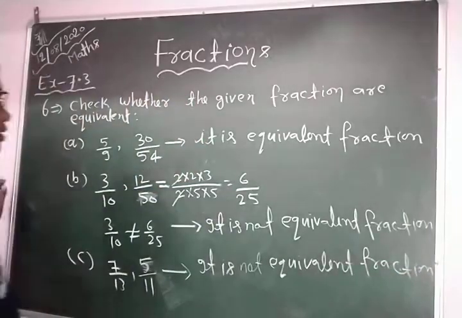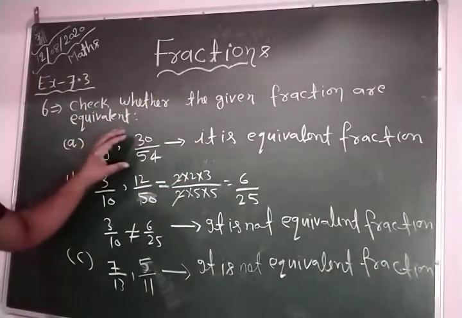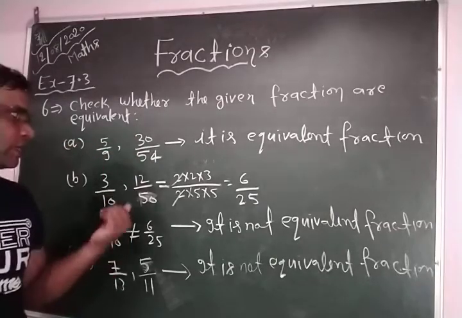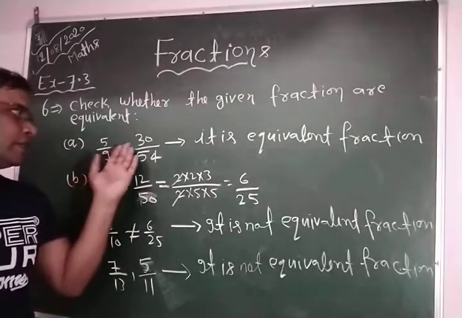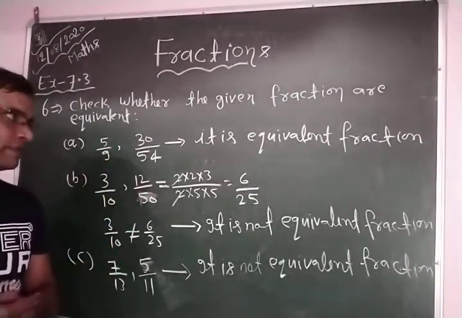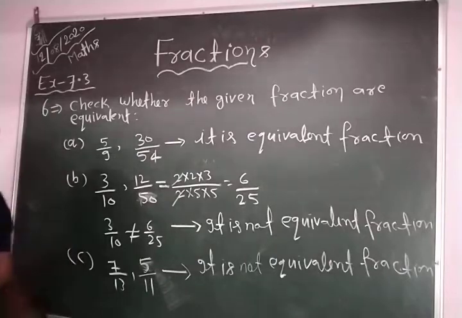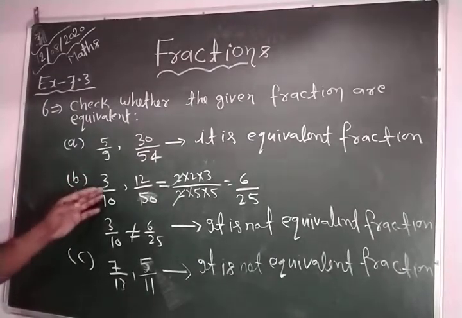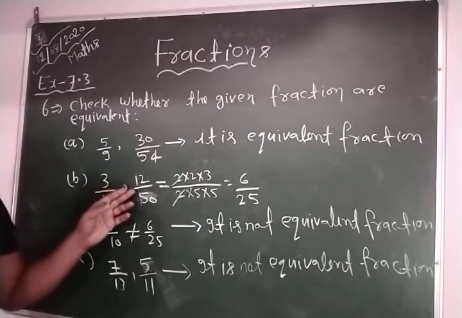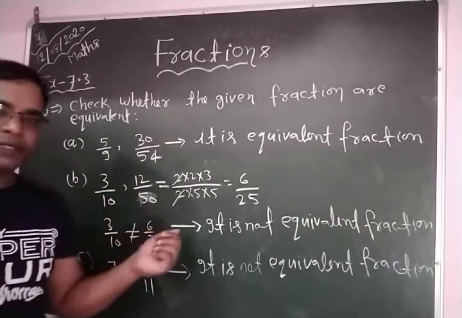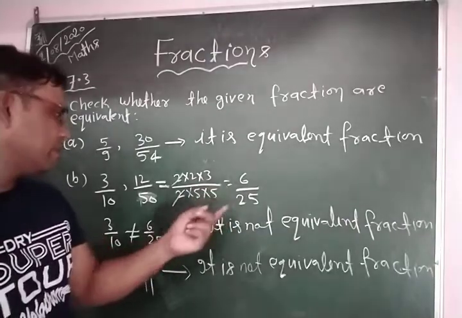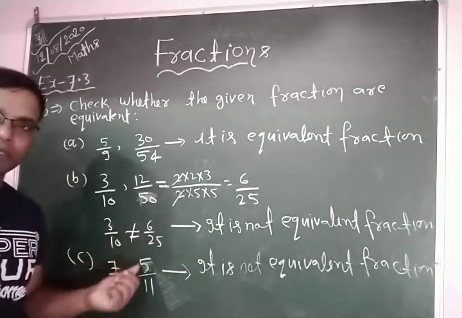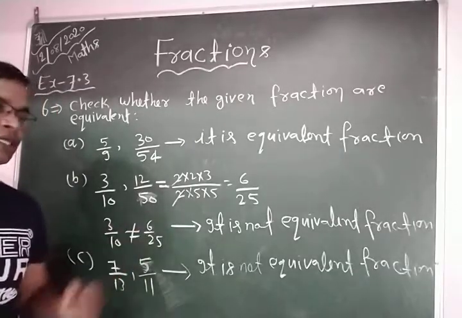In the first case, if you simplify it, you obtain 5 by 9, which is equal to again 5 by 9. So it is equivalent fraction. And in B part, this is 3 by 10 and this is 12 by 50. If you simplify it, we find 6 by 25. So 3 by 10 does not equal 6 by 25, so it is not equivalent fractions.